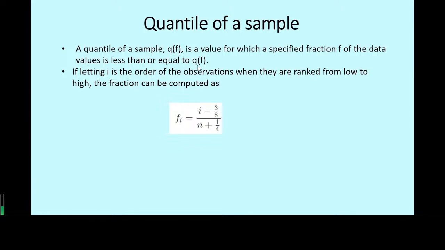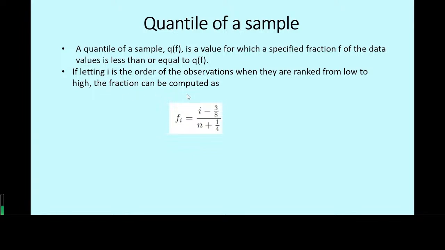So the fraction of the observations in this data set that is less than this quantile number, we call this the quantile of f. So if we order the observations, from 1, 2, 3, 4, for example, up to 20, ranked from the low to the high value, associated with 1, 2, 3, 4, up to 20, right?